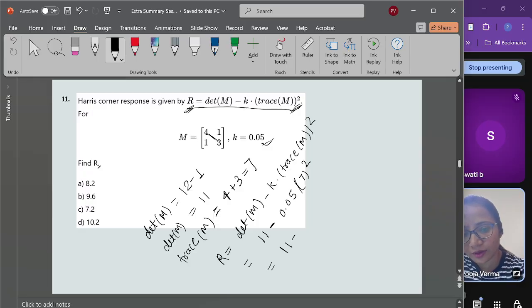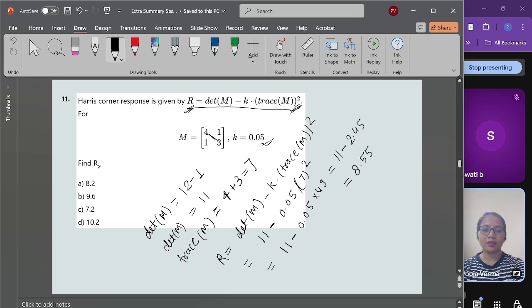So 11 minus 0.05 multiplied by 49, which is 11 minus 2.45. So overall you will get 8.55.